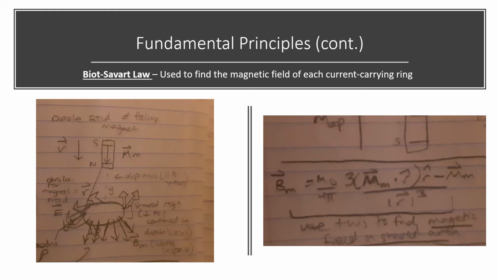The formula for this bar magnet in this niche scenario is listed on the right, which is mu naught over 4 pi, or 1 times 10 to the negative 7th, times 3 times the magnetic dipole moment of the bar magnet times r hat, minus the magnetic dipole moment, all over r cubed, the observation location distance cubed. We use this to find the magnetic field over the shaded area, as we did in the edX videos of week 10.